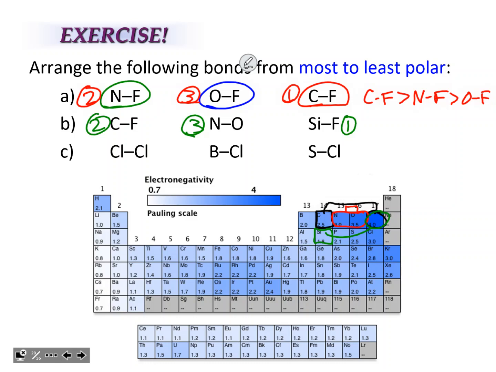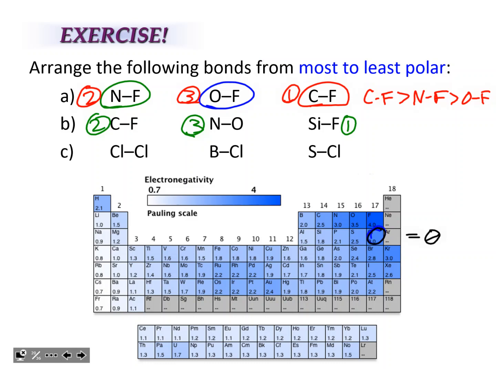Last but not least, looking at the last example, Cl to Cl is going to automatically be what? Zero, right? This one's going to be 0 in terms of its electronegativity difference, so that's easy. That's pure covalent, which is totally nonpolar, like the pure end there.